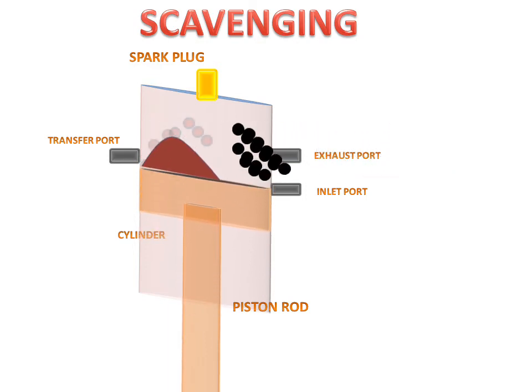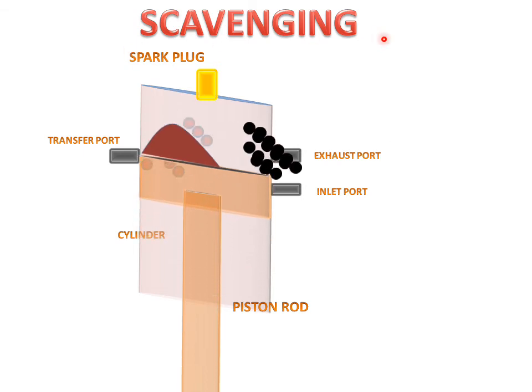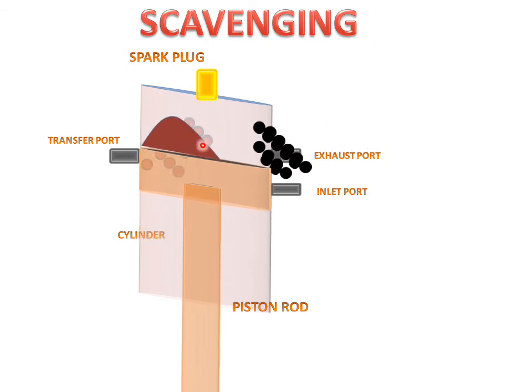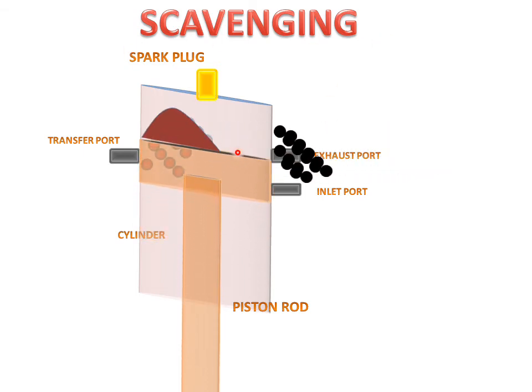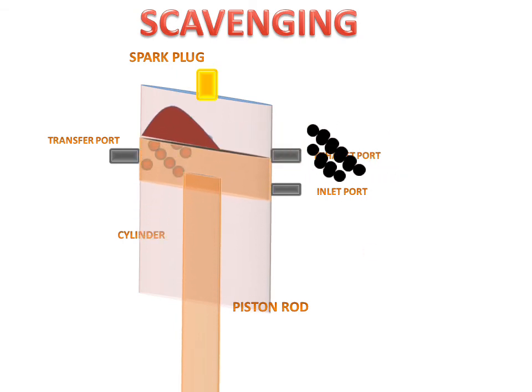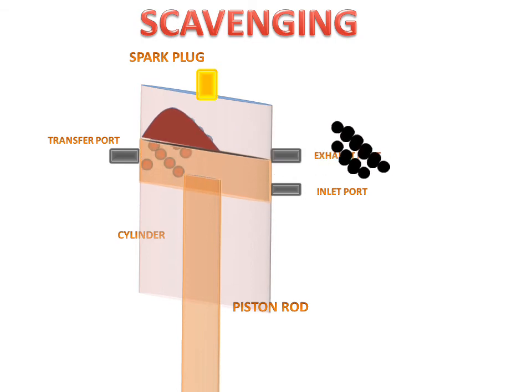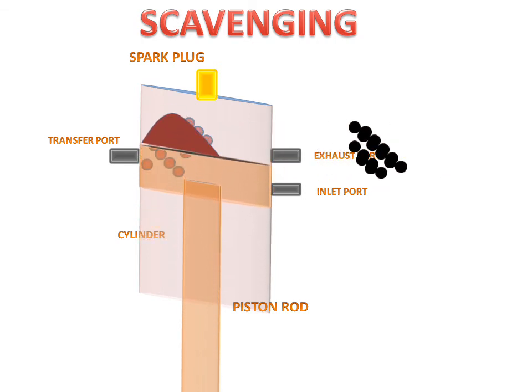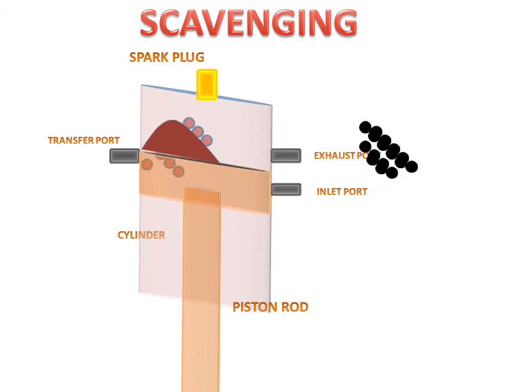But the main disadvantage is that in the scavenging process, some of the fresh charge will also go out through the exhaust with the burnt gases. So this is the process of scavenging, for flushing out burnt gases from the cylinder by the fresh fuel.